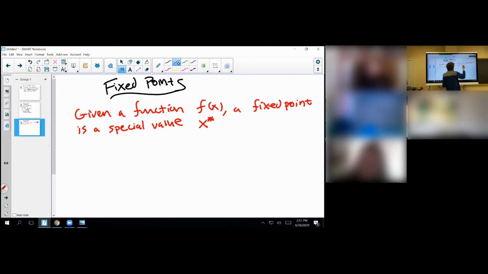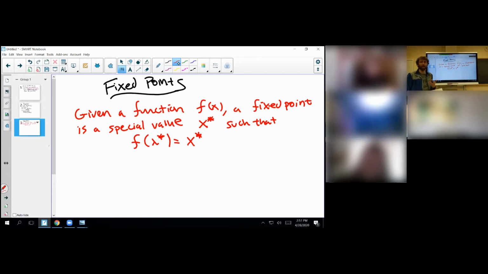There's a special value x star such that f of x star is equal to x star. So it's just this kind of magic value that if you put it into a function, you get the same thing out. So here's the input, and here's the output for the same thing. So that's what a fixed point is.